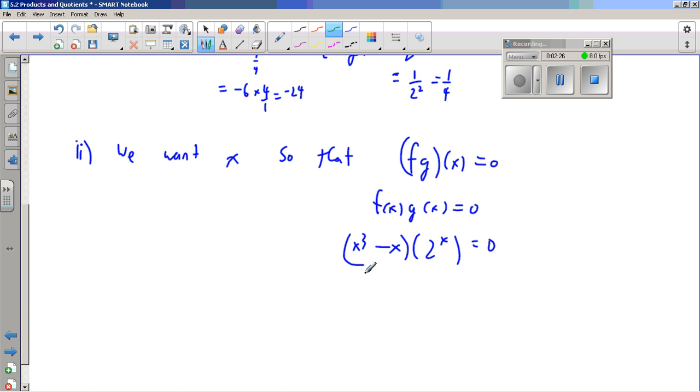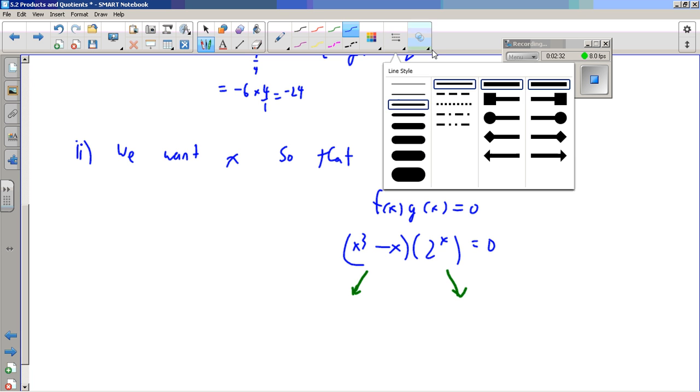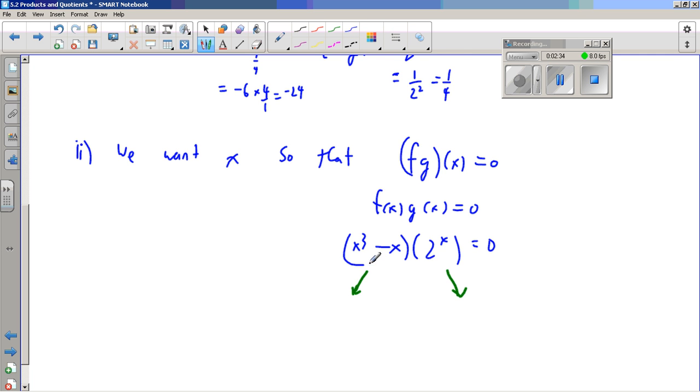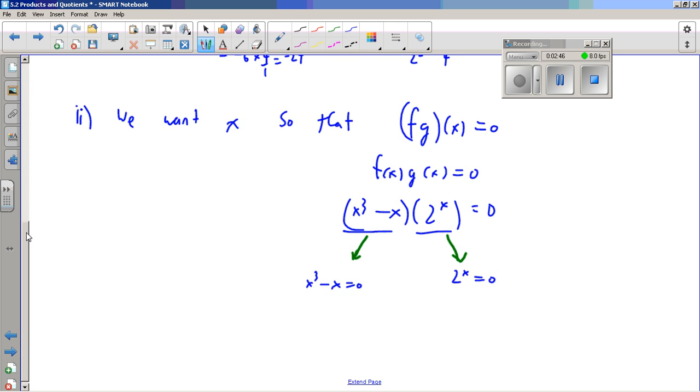So it's kind of like I can split this into its pieces, just like way back when we first started talking about polynomial functions, that in factored form, we've got two factors, and the answer is 0. Well, that means this is true, or this is true. Now, how do I solve that? Well, this is just a polynomial equation, right? Now I'm ticking back to Unit 1, and how do I solve a polynomial equation?